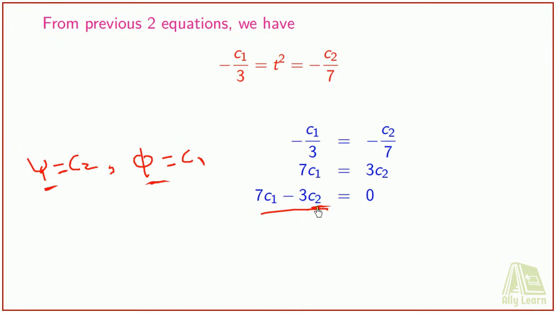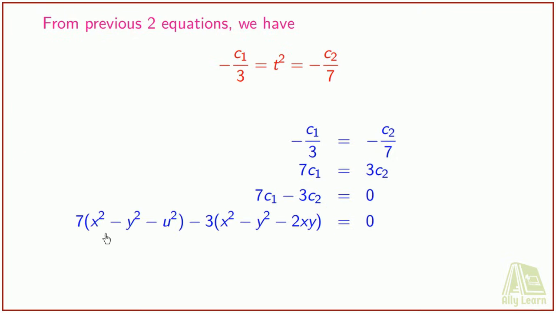After that, I get this expression. So this phi was my first solution of the Lagrange subsidiary equations, and this psi was my second solution.